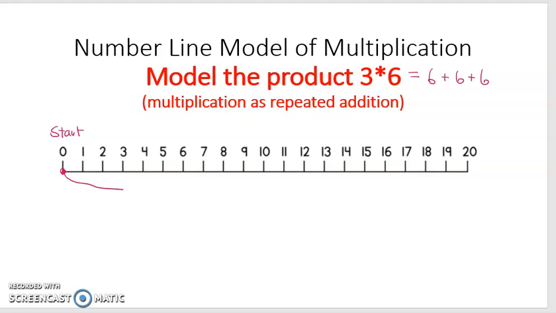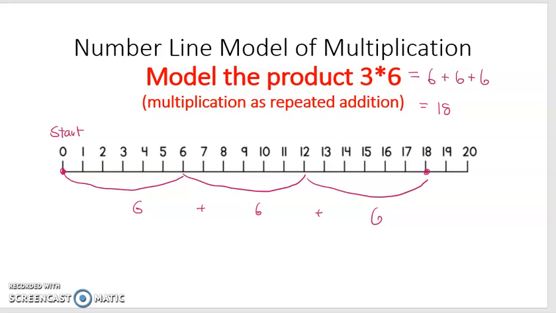So 6 would take me to there, add another 6 would take me to there, add another 6, there you go. Just pretend that you're walking up the number line. So 6 plus 6 plus 6 is equal to 18. In other words, the product 3 times 6 would equal 18.